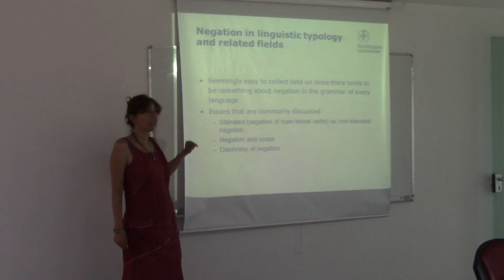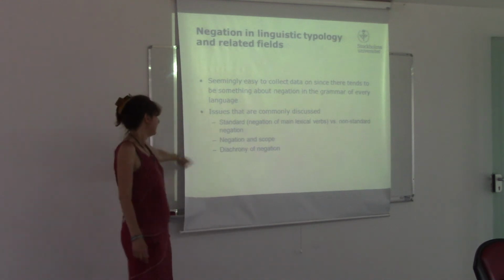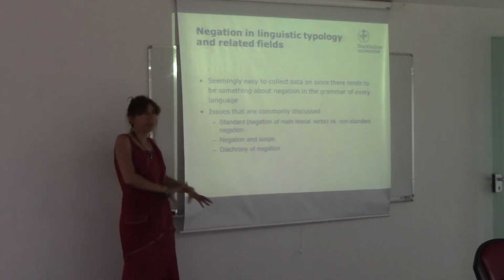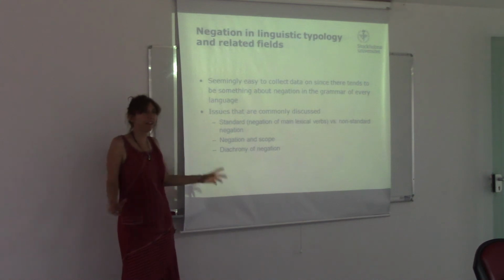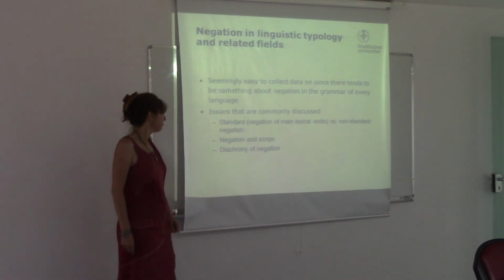This is known as standard negation. And negation in other kinds of structures. If you use a negator, how long does it stretch within a specific phrase or a sentence? And where do negators, the markers of negation, come from?